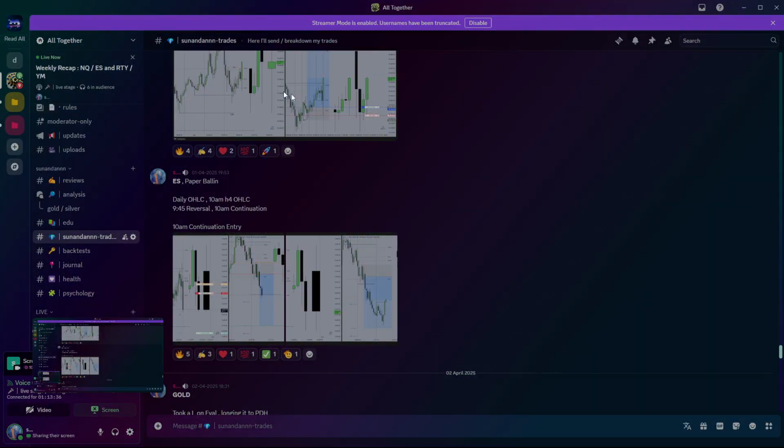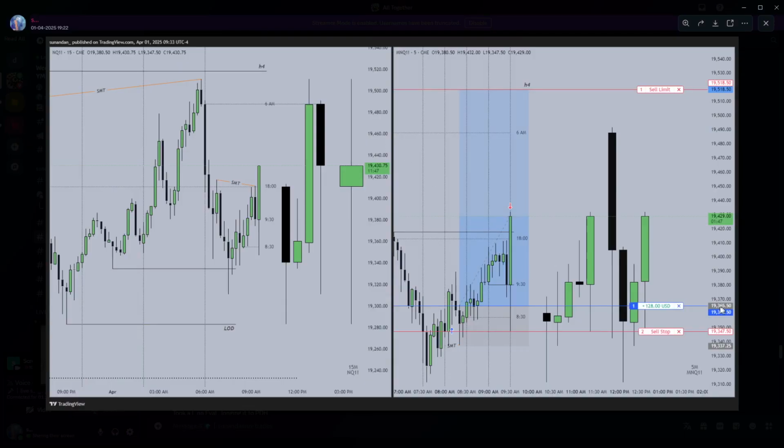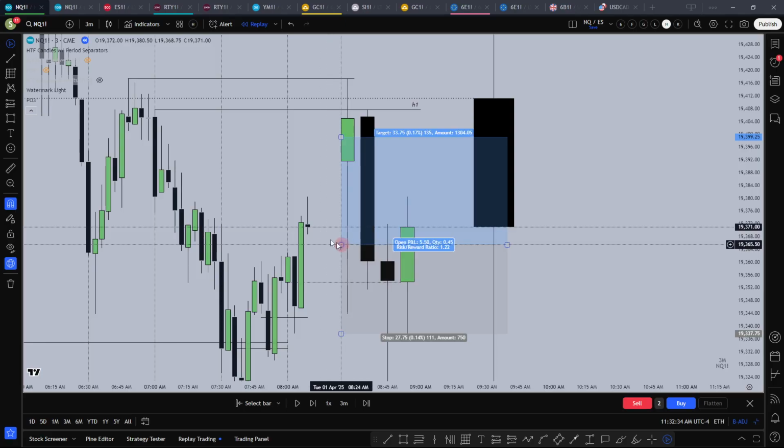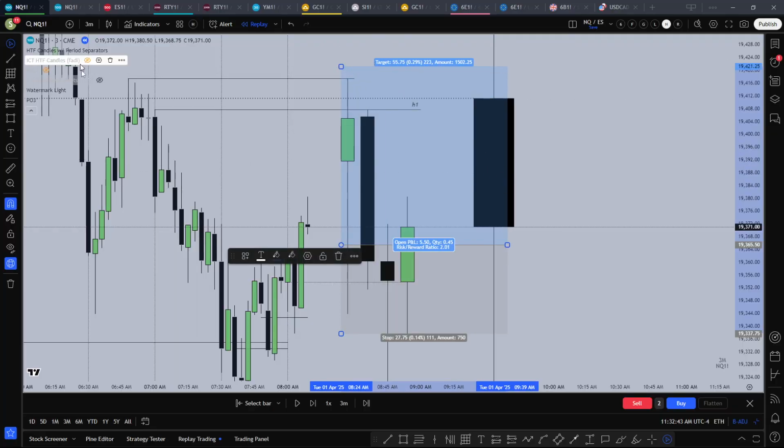Long at 19365.5, here, a bit lower than here. Two are there just above this high, so I am okay taking it.